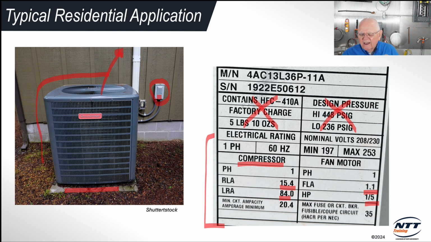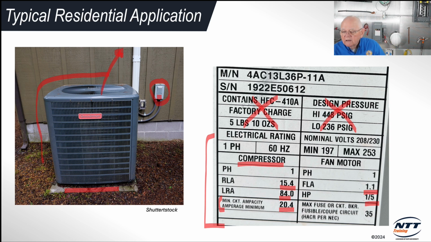We'll take a look at all of that. It tells me right down here, very important, it says my minimum circuit ampacity is 20.4 amps. That means that the branch circuit conductors that are supplying this condensing unit must be able to carry 20.4 amps. The manufacturer tells us that.